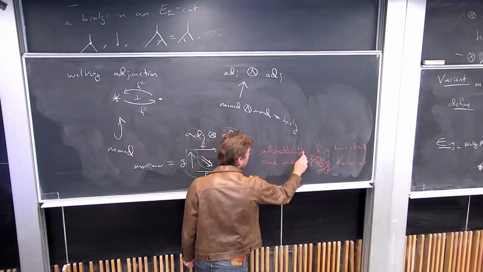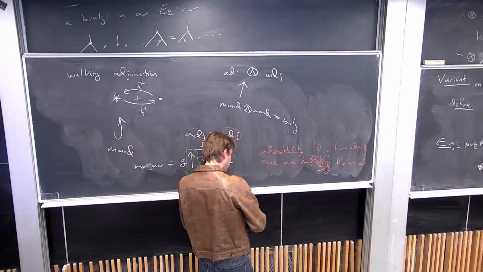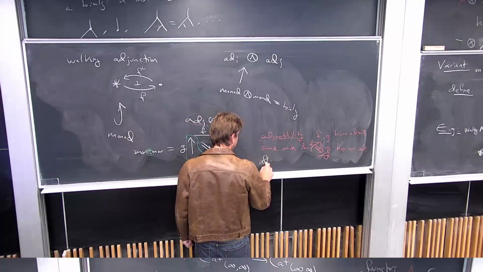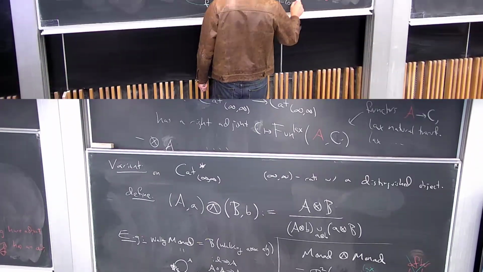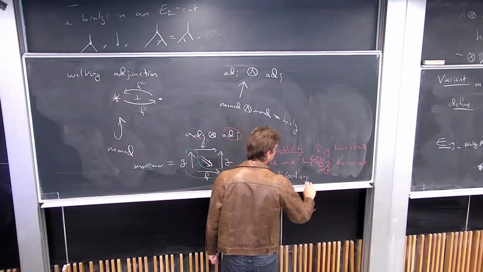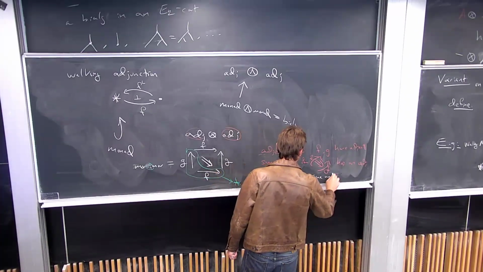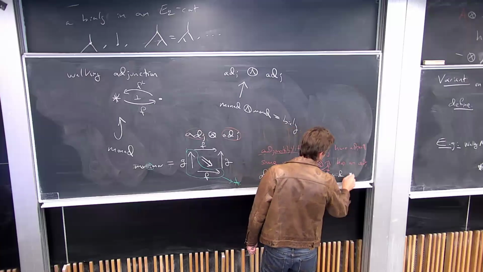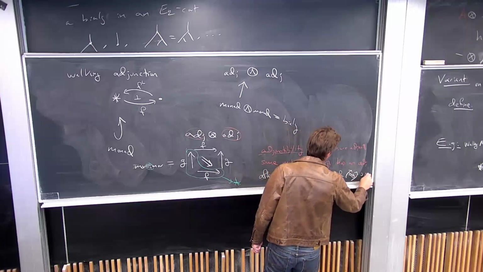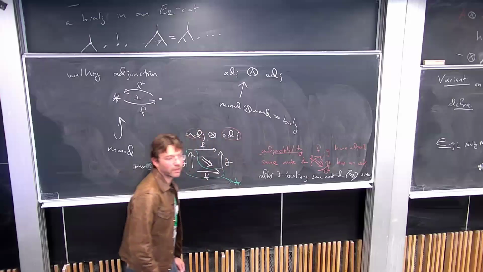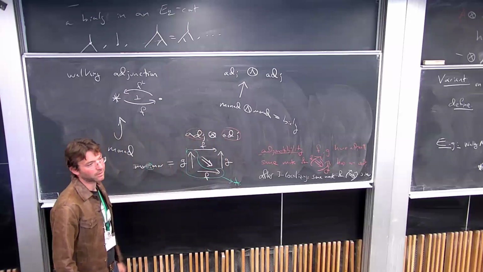After 3-localizing, it tells you that some mate of this 2-cell is invertible, because you just get to a dimension where there's nothing to be adjunctable other than being invertible.